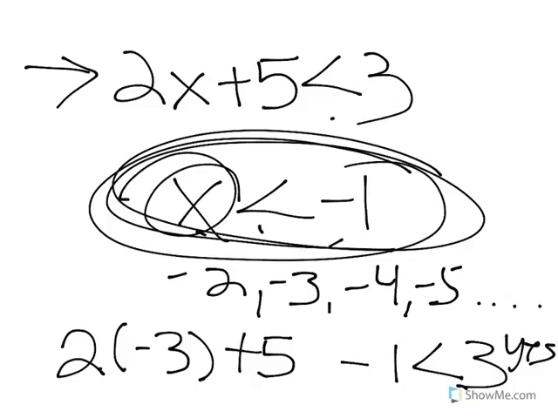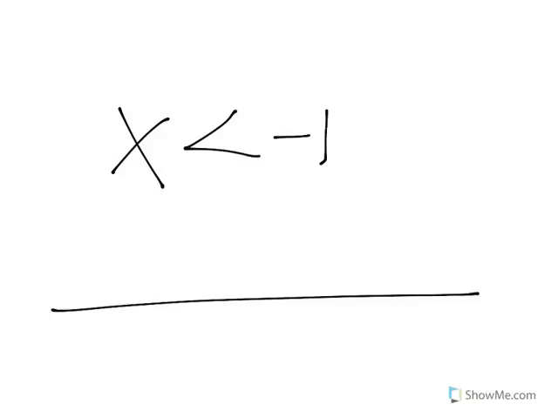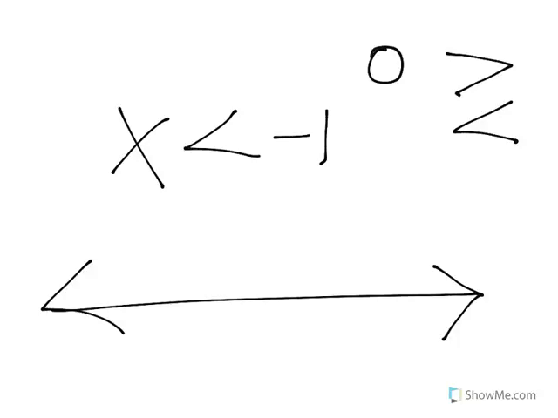Let's look at what this looks like on a number line. So we are graphing the solution. Whenever we have the less than symbol or the greater than symbol, we use what's called an open dot on our number line because it means it does not include the solution. So I'm going to put -1 in the middle of my number line, and I'm going to put 2 values, one on either side.